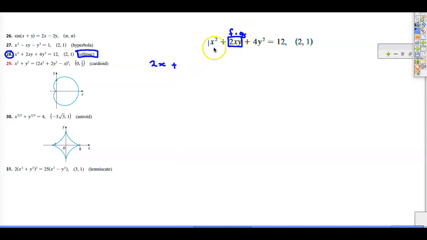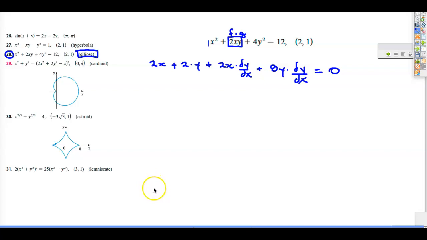And so we have the derivative of f, which is 2, times y, plus 2x times the derivative of y, which is 1, and then you get dy dx, plus an 8y dy dx, which is going to equal the derivative of a constant, which is 0.